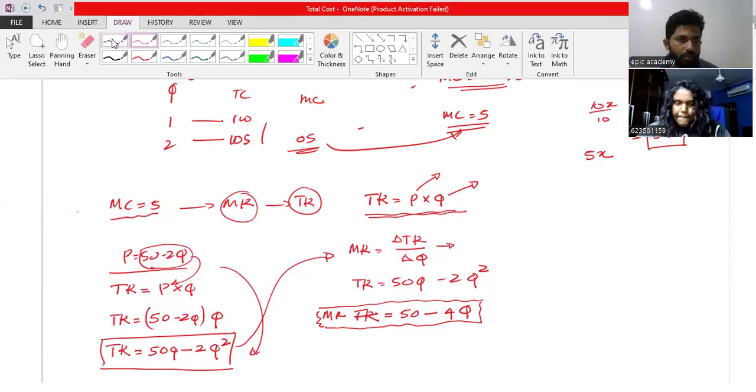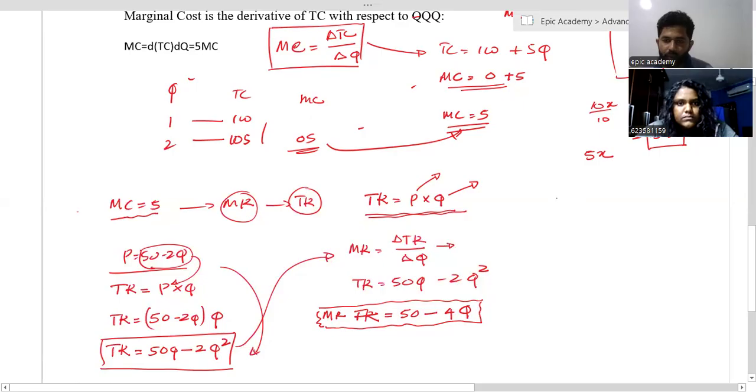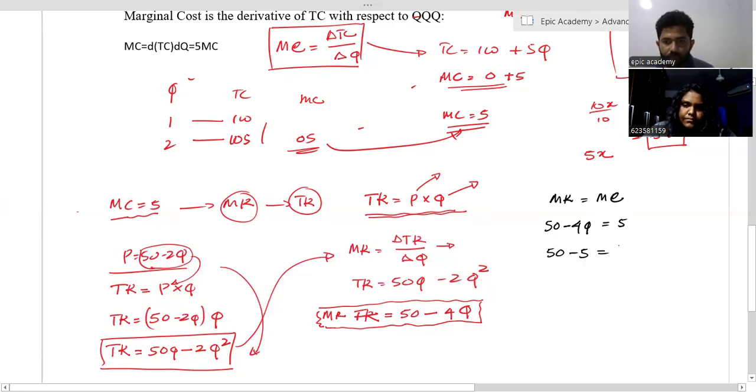Now, the methodology for profit maximization for any kind of organization is MR equals MC. MR means 50 minus 4Q, and MC is just 5. Then we calculate the value for Q. 50 minus 5 equals 4Q. Then 45 equals 4Q.